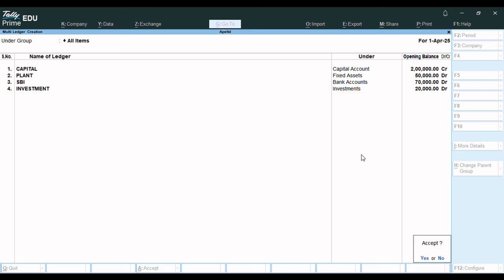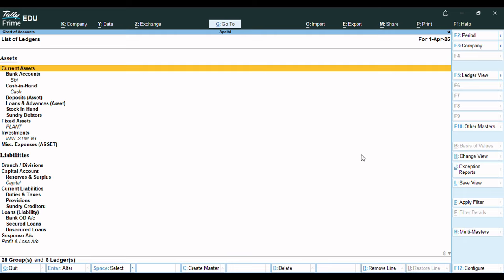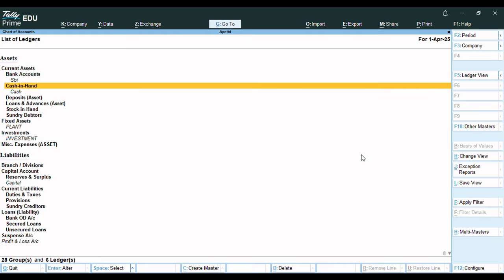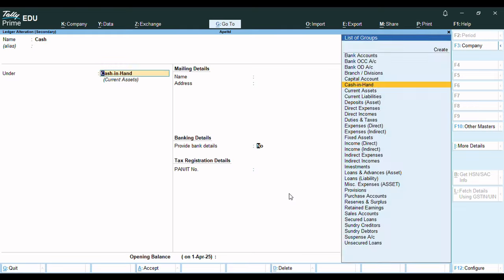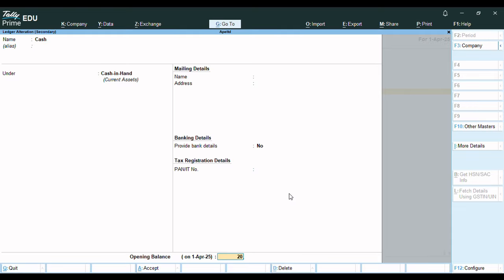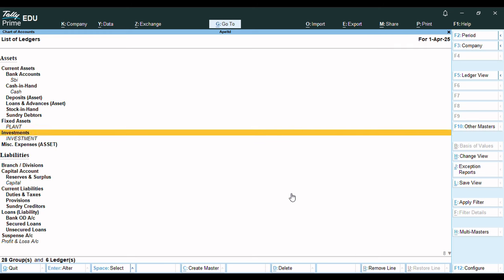Then yes. Okay, so after this you will get a window interface like this. The second is you need to enter the cash balance. Cash balance is your 20,000. Next is your profit and loss.